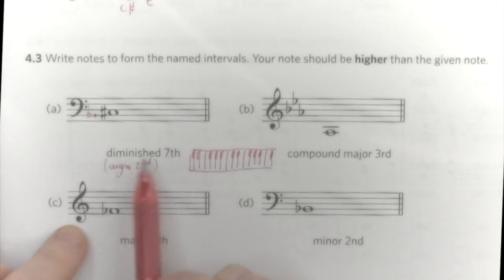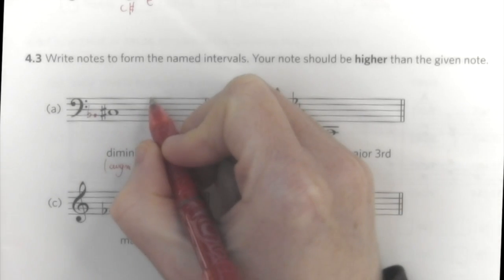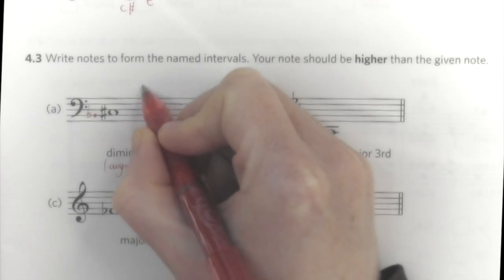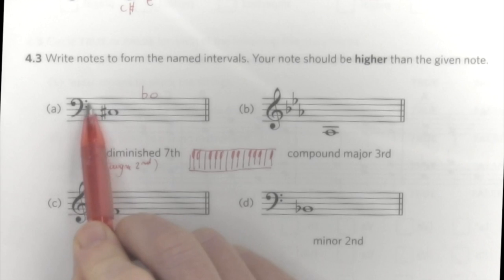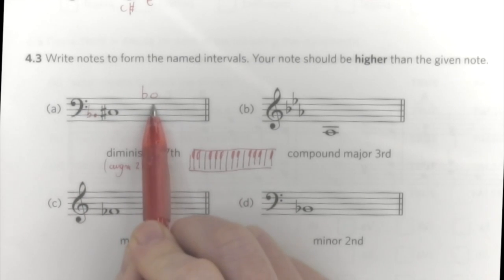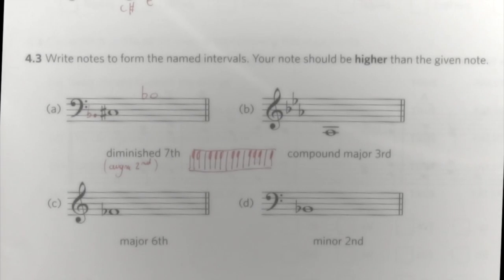Now, to make it a diminished seventh, we flip it over and we write B flat here. If you don't remember where to write it, just count from F. 1, Fa, Sol, La, Si, B, okay? So B flat.